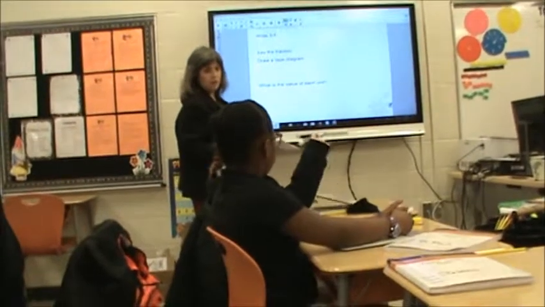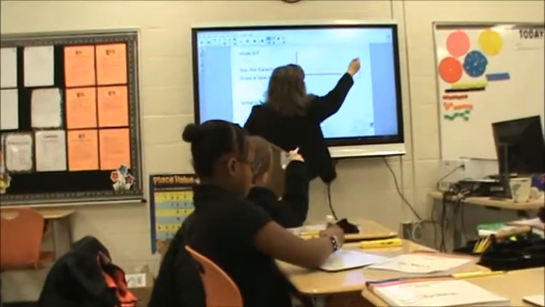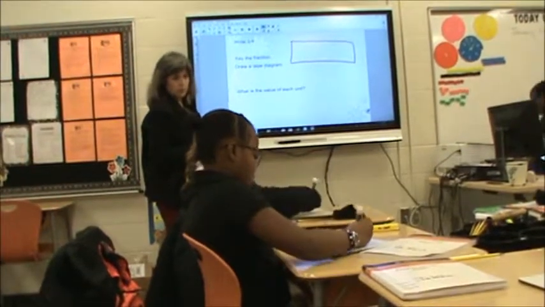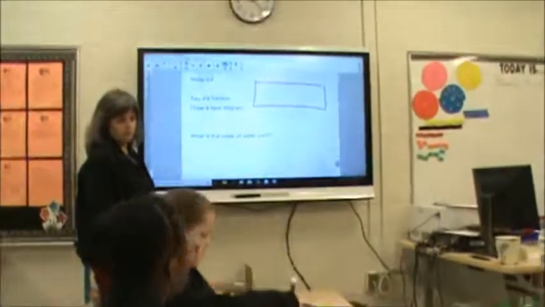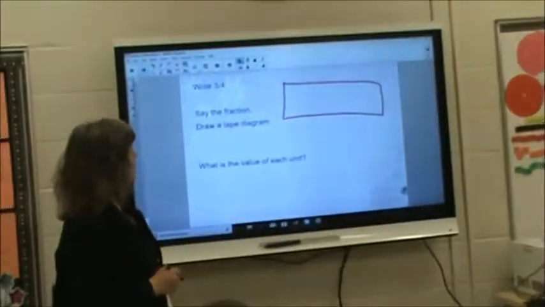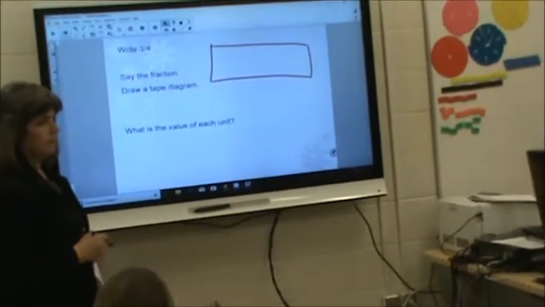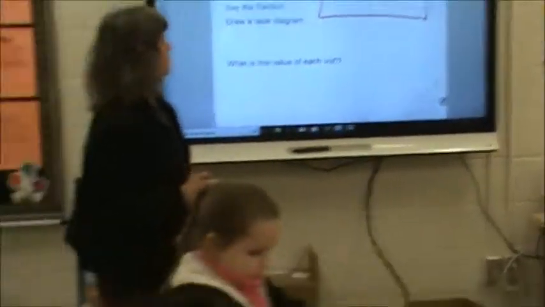Go ahead and give me a model of 3/4. Go ahead and label it as a whole. Partition it into your equal parts. So we label this as 1.